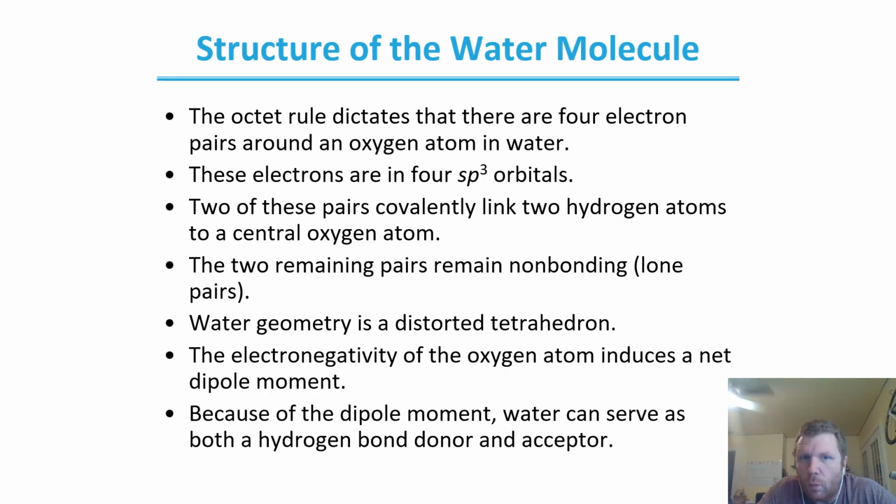Okay, structure of a water molecule. Remember from your Lewis dot structure drawings that the octet rule dictates that there are 4 electron pairs around an oxygen atom in water, and that looks a little bit like this.